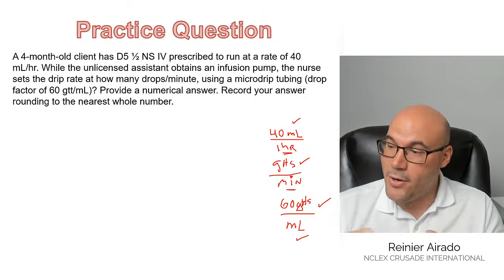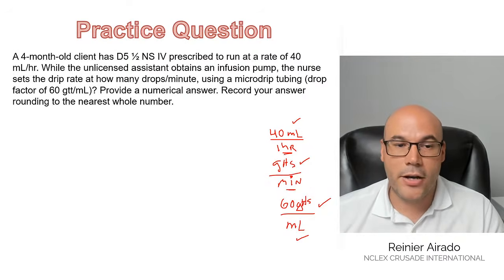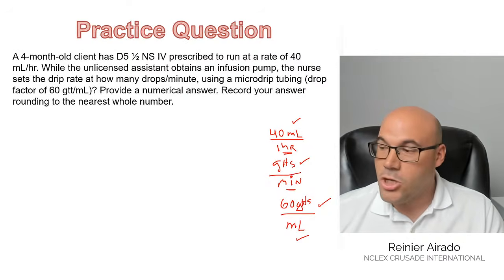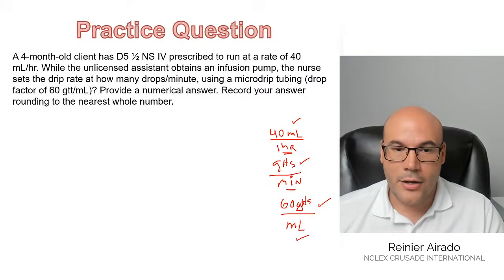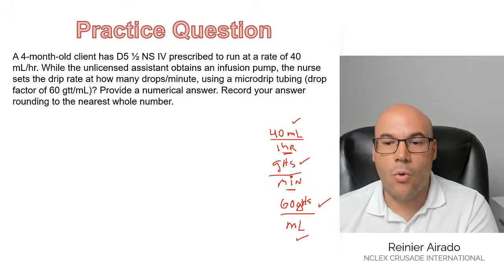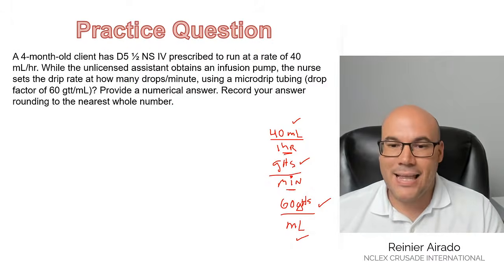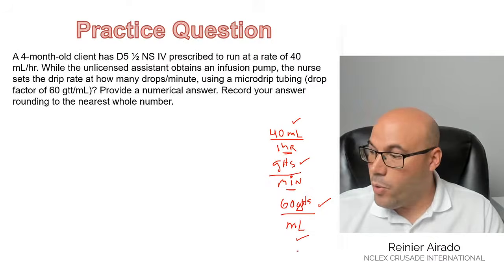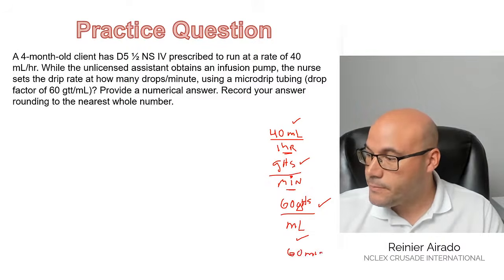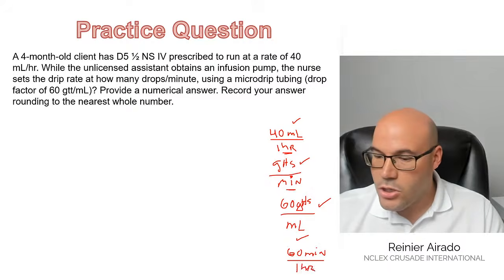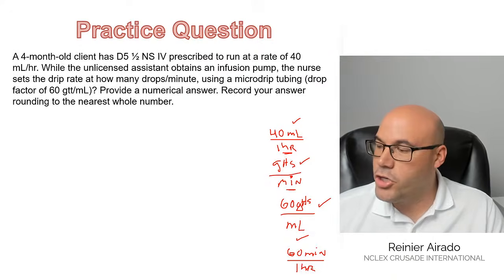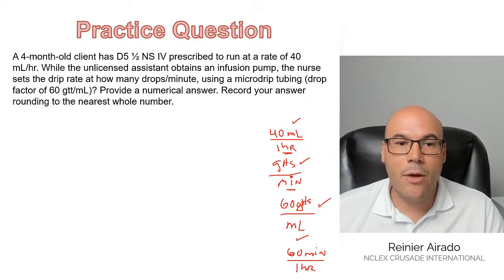Remember, they need to be the same unit in order for this to work. So I need a conversion factor. I need to convert minutes to hour. What is that conversion factor? Well, there are 60 minutes in 1 hour. So that is my conversion factor that I will be using on my equation.